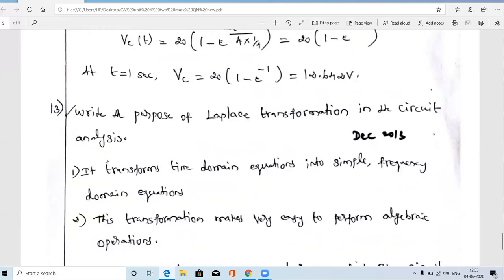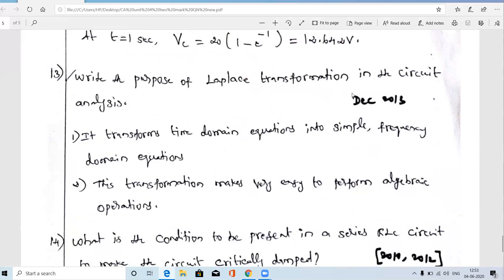And the next question is, write the purpose of Laplace transformation in circuit analysis. In transient analysis, we are always using the Laplace transform. What is the need for the Laplace transform? It transforms the time domain equation into a frequency domain, or S domain, equation.